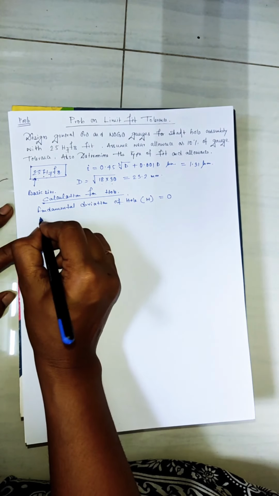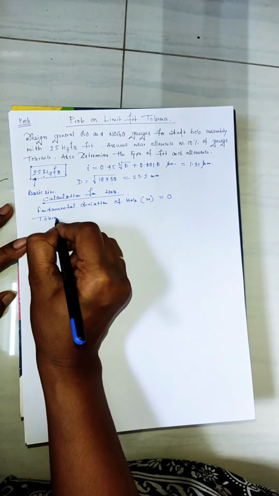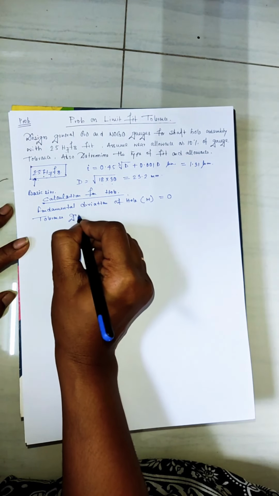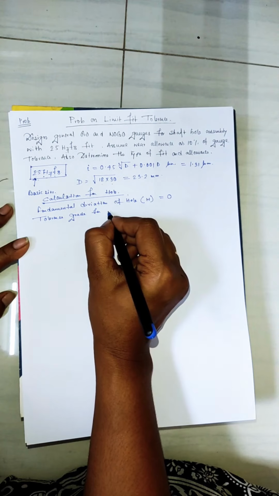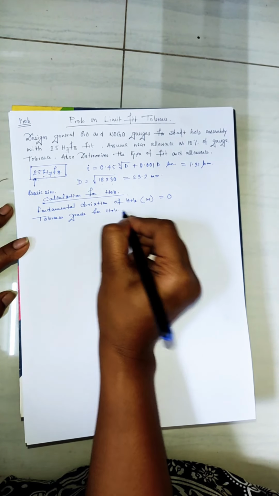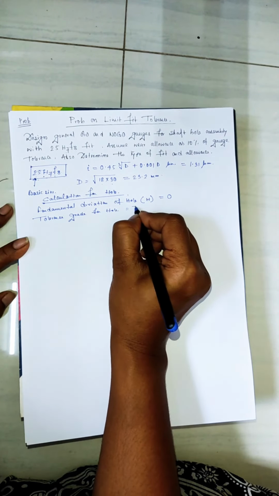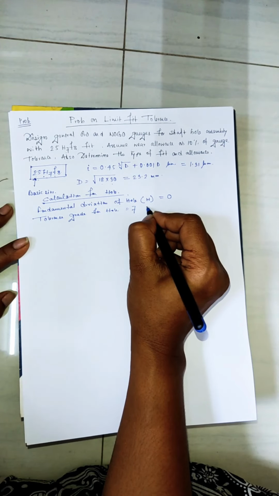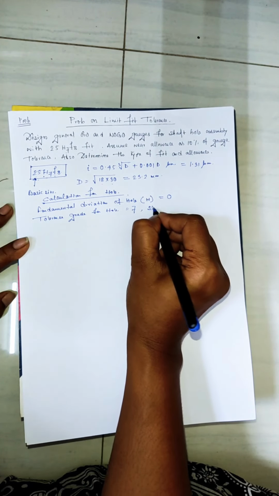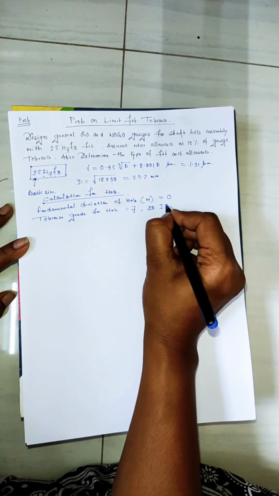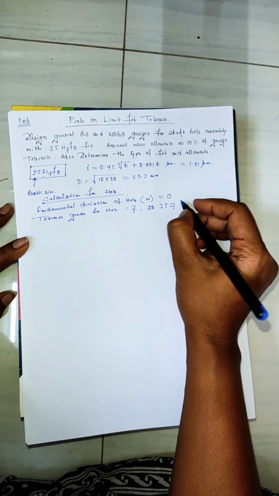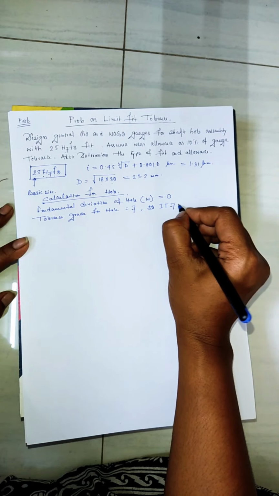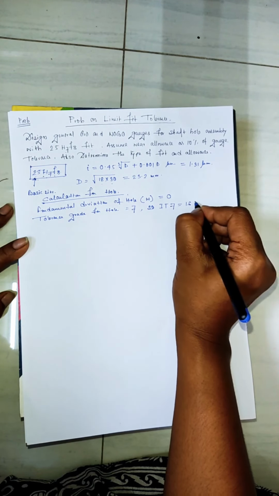So tolerance grade for hole that is given is 7. So IT7, international tolerance grade actually, IT7 is equal to 16i.